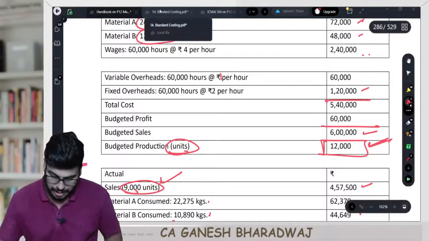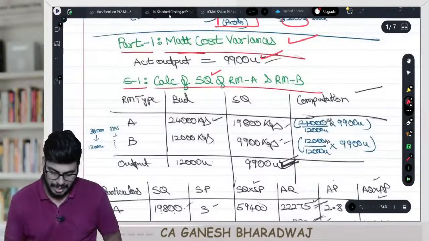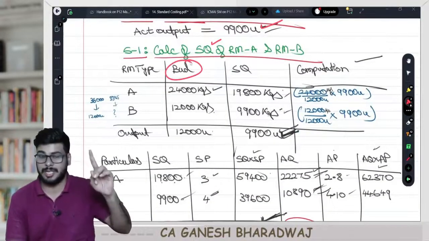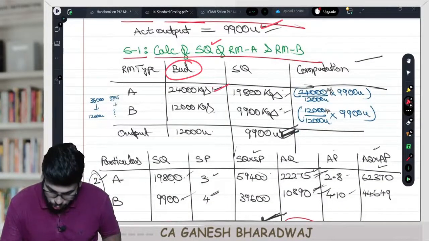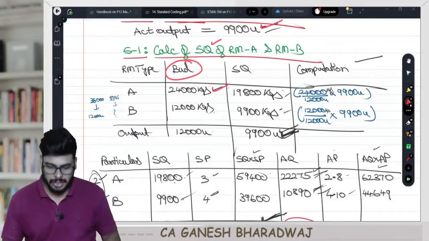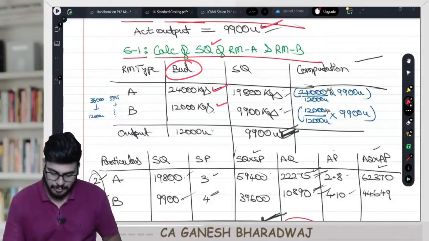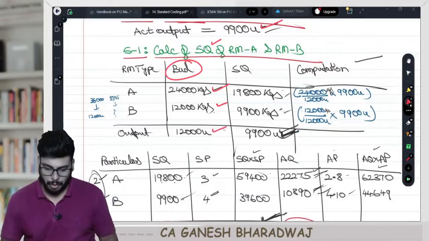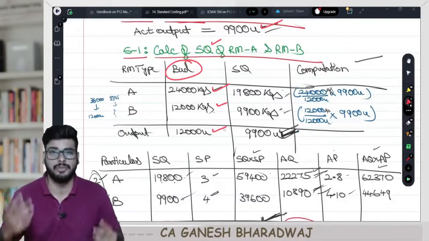Are you clear with this, right? Now the budgeted data, it's actually not standard. You can consume 24,000 kgs of A and 12,000 kgs of B, right? If you consume these two, you will effectively get an output of how much? 12,000 units of output.